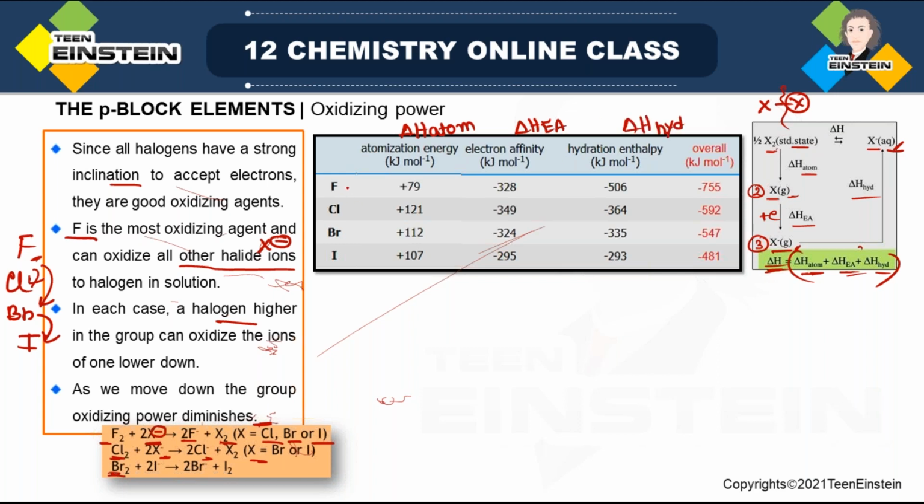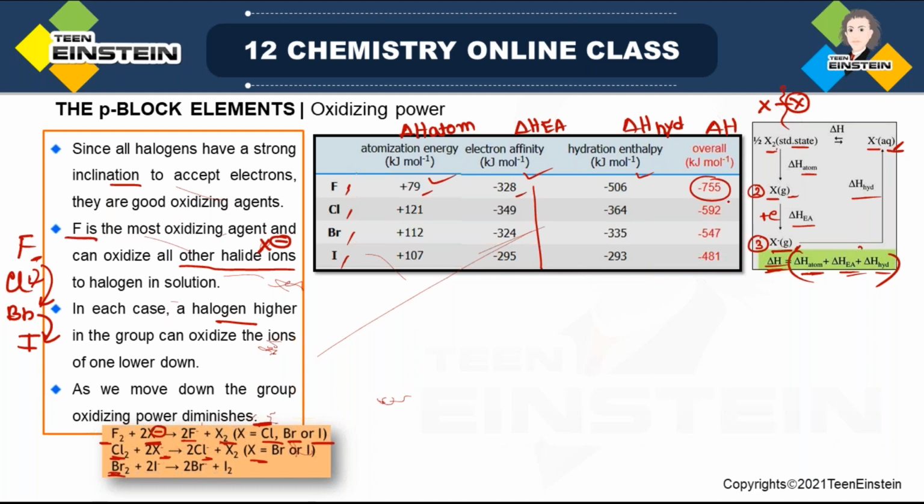All these values for these 4 halogens are given in kilojoule per mole, and this is the overall enthalpy. So plus 79, minus 328 for electron affinity, and all these other values are negative, and this is the overall value. If we add all these three, you will get this value.